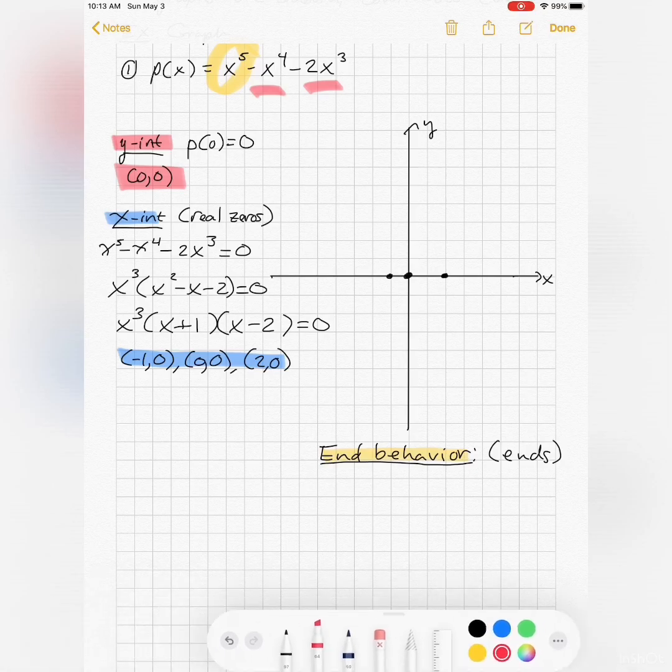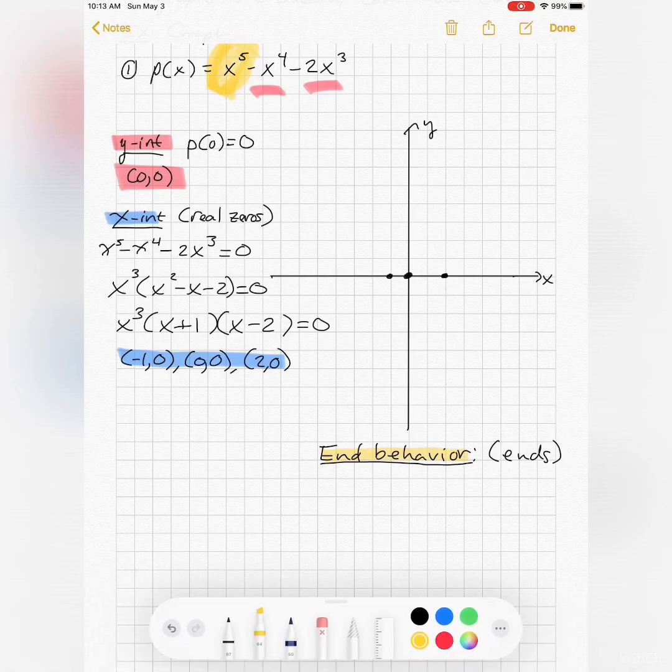So what's going to happen is this leading term is going to dominate. So when I'm looking for the end behavior, I'm looking at the leading term. So the leading term is y equals x to the 5th. So on the ends, this graph is going to look like y equals x to the 5th.